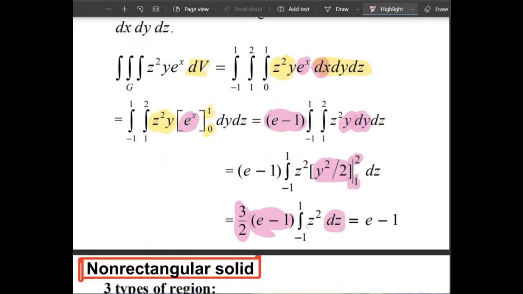So integrate z squared. What we get? 3 over 2 (e minus 1) times the integral of z cubed over 3 from -1 to 1. Then if we substitute, we will get 3 over 2 (e minus 1) times 1 over 3 minus negative 1 over 3, so plus 1 over 3.